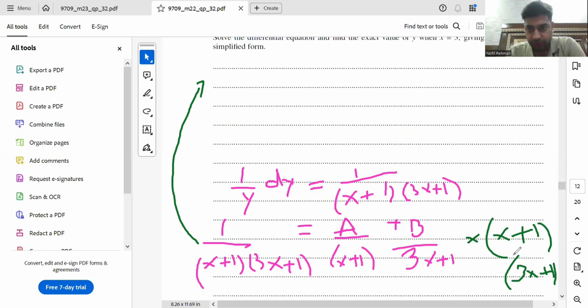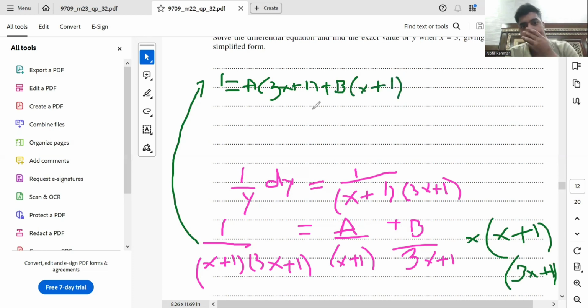When I multiply, I get 1. For A over (x plus 1), the x plus 1 cancels out and it gets multiplied by 3x plus 1. Similarly, for B, 3x plus 1 cancels out and x plus 1 remains in the numerator.